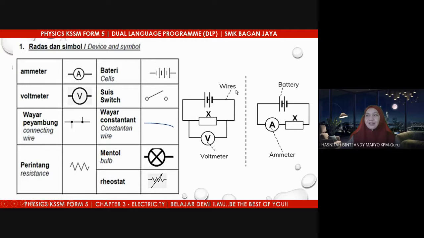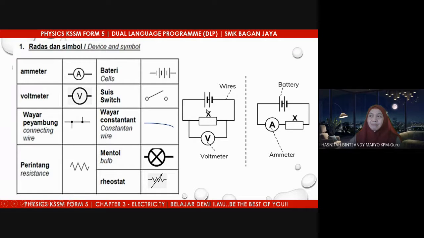So for example, this is how we connect a wire with a dry cell, and this is X, this is the voltmeter, this is another battery connected to an ammeter, and this is resistor X. What is X actually? This is a conductor. It can be a wire or any conductor. If you look at this drawing, this is how we connect an ammeter and a voltmeter in an electrical circuit. From this drawing, how do we connect the voltmeter to a conductor? X can be any electrical appliance, such as a bulb, an iron, or a kettle.